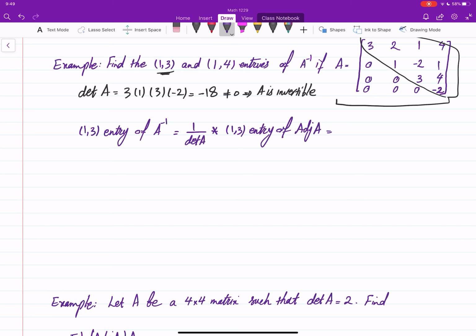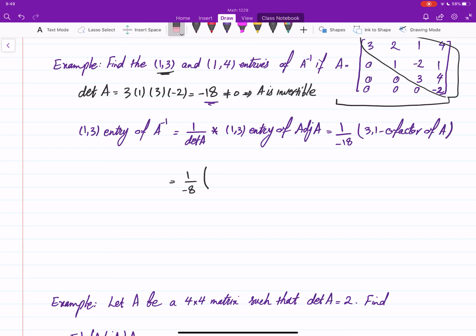But we know that the determinant is negative 18, and the 1,3 entry of the adjoint is nothing but the 3,1 cofactor of A. So we have to find the 3,1 cofactor of this matrix.